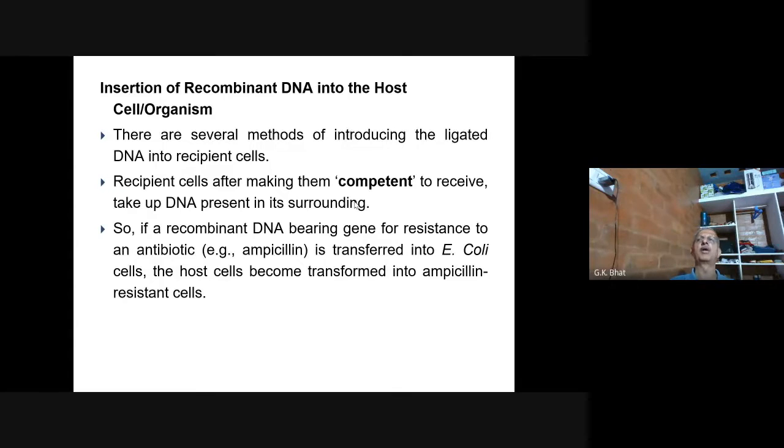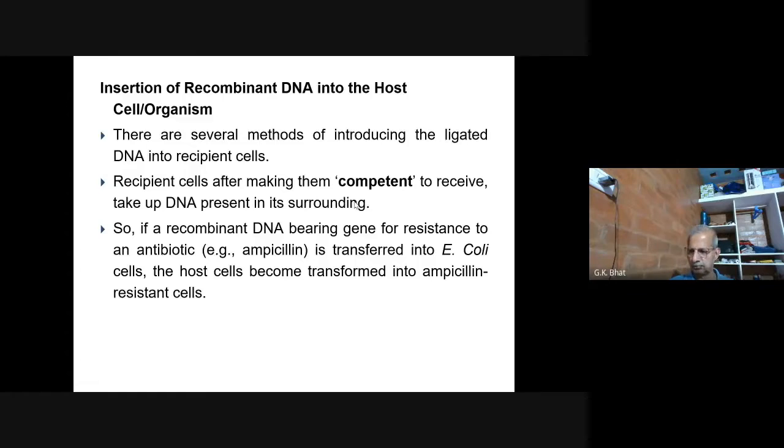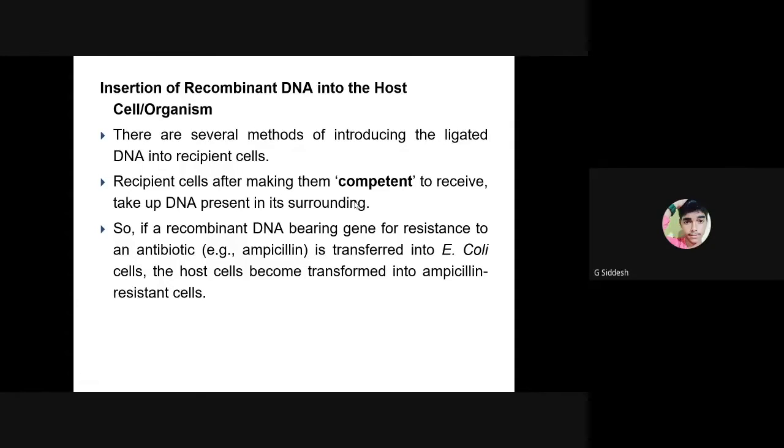Is it clear? Do you have any doubt? Any doubt, students? Harshvardhan? Sarvottam? Charan? No, sir. Siddesh? Yes, sir. Understood, sir.